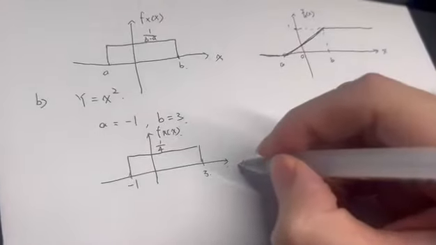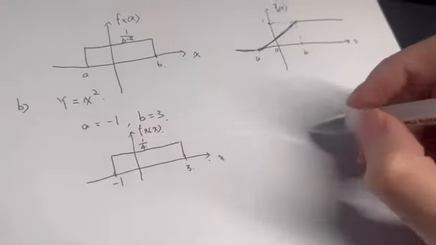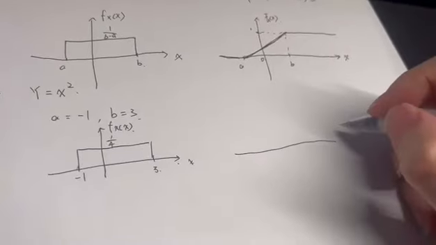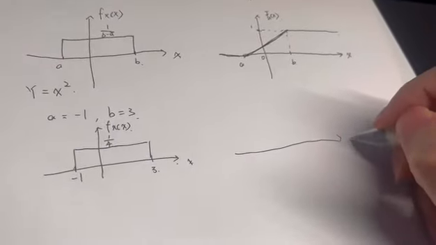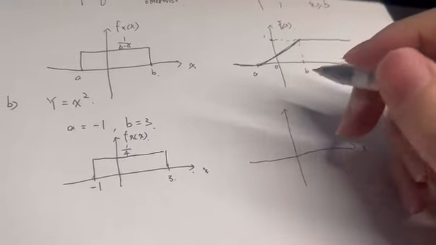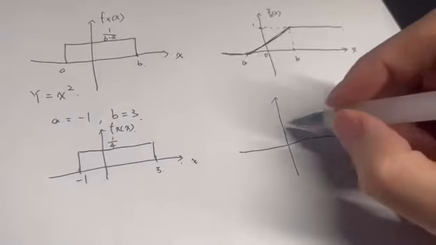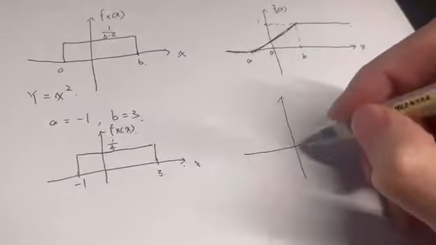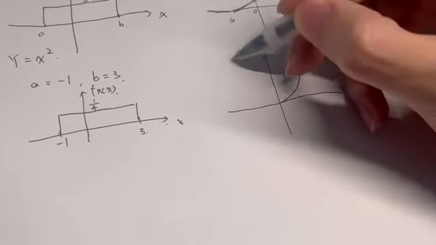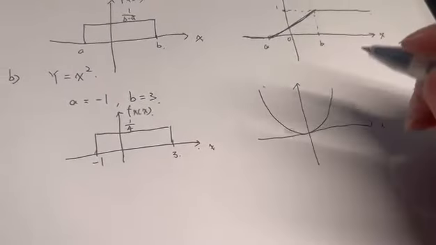I gotta make sure my camera focuses on the paper. So for this, the function for Y, sorry, it will look like this. Since it's X squared, it will look like this.